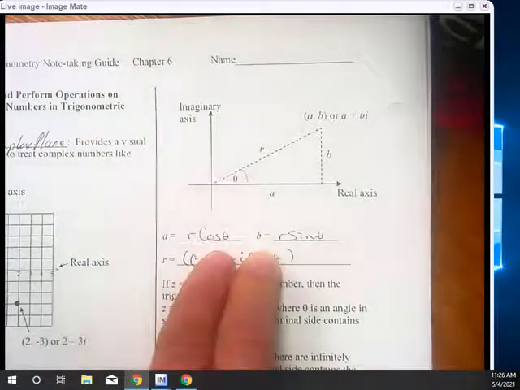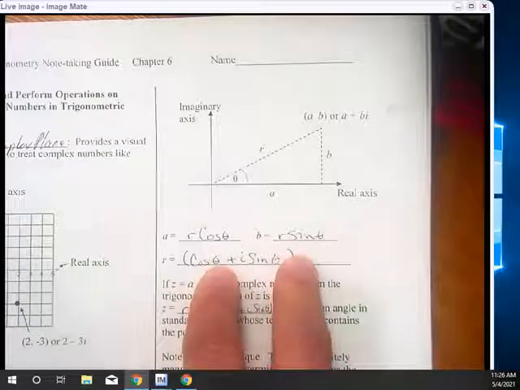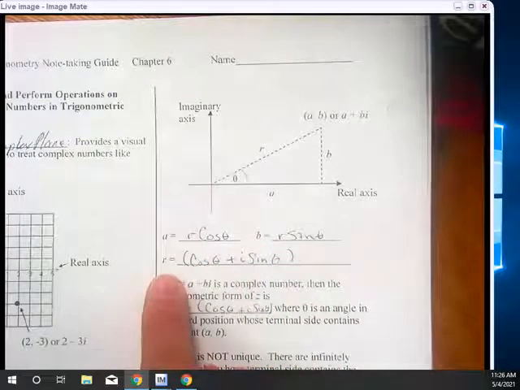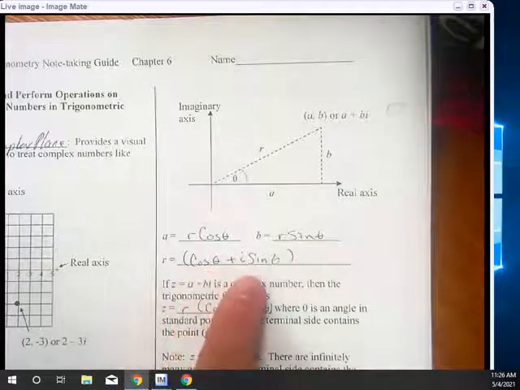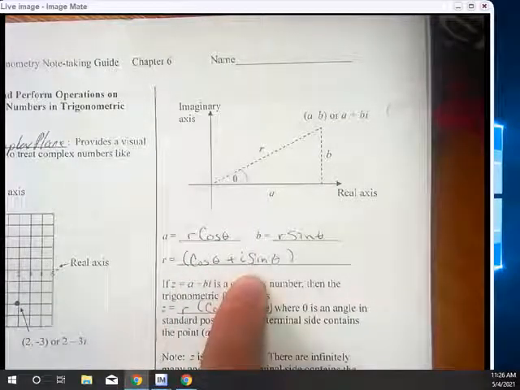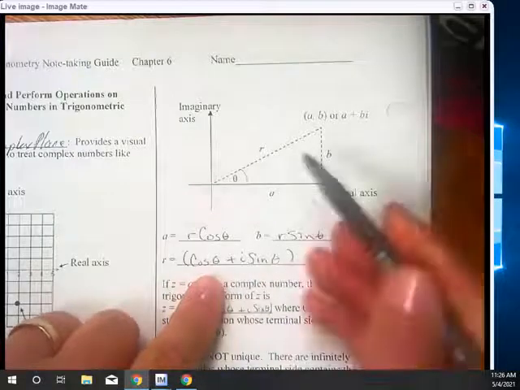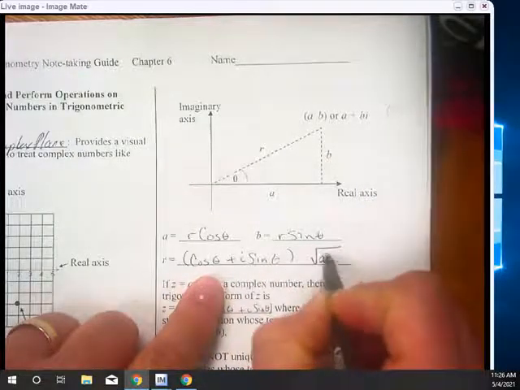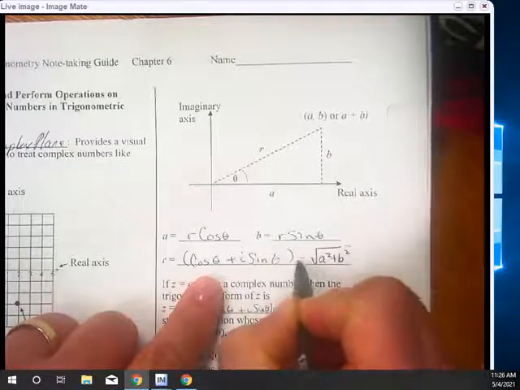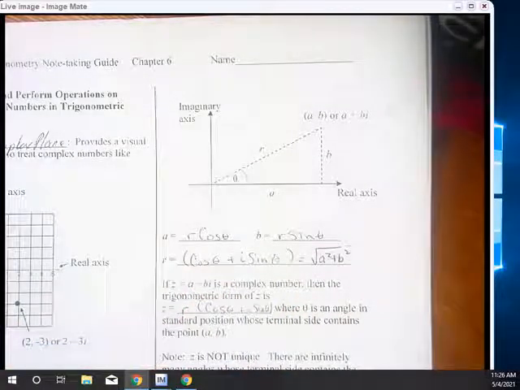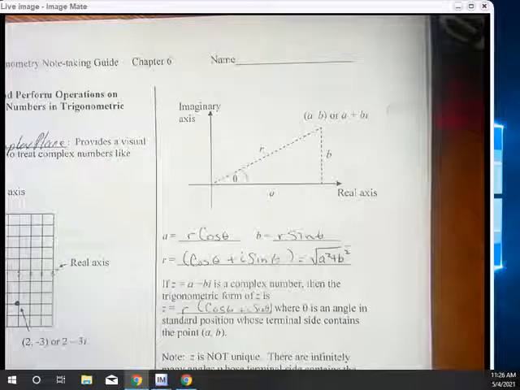r times cosine theta and r times sine theta. So it's r cosine theta plus your imaginary i sine theta. Your r is the square root of a squared plus b squared. The angle theta is going to be in standard position, whose terminal side contains the point (a, b).